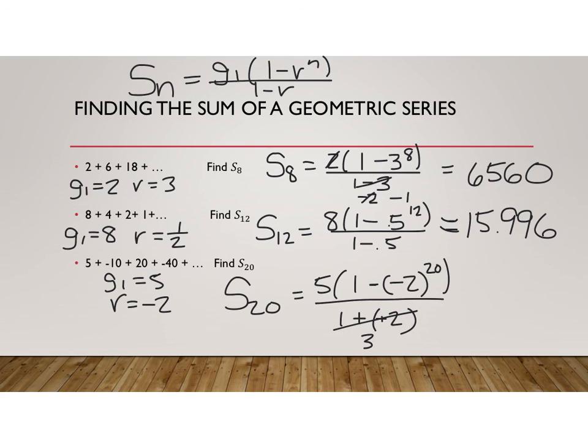So I'm going to go 1 minus, parenthesis, negative 2 to the 20th power. I'm going to multiply that by 5. And then I'm going to divide that by 3. This ends up being a pretty large number, about negative 1,747,625. That's finding the sum of a geometric series.